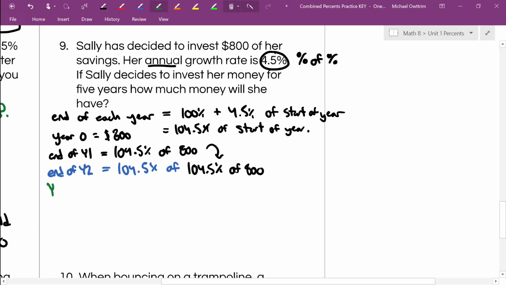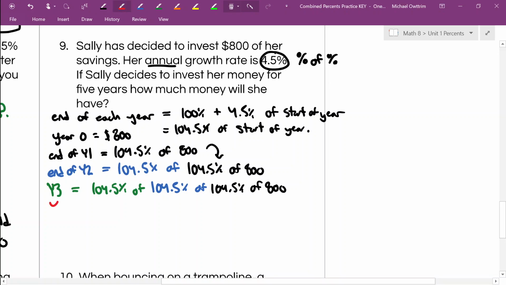So at the end of year 3, we're going to have 104.5% of whatever we started year 3 with, but we started year 3 with the value that we had at the end of year 2. And so that was 104.5% of the 104.5% of the 800. And this just continues onwards.